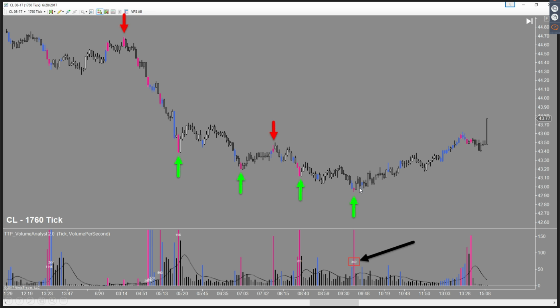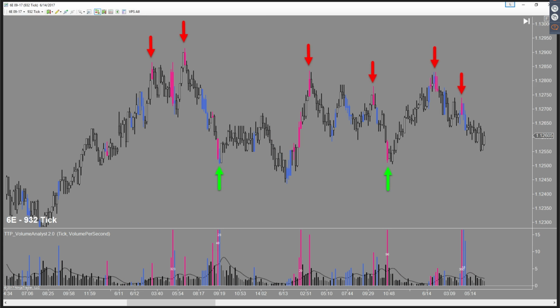One thing that we see at a lot of the areas in the market geometry that actually produce major reversals is this very high extreme volume per second, typically on the last bar to touch the area. And this is something we see pretty regularly at the major turning points. Again, this is just the volume per second.